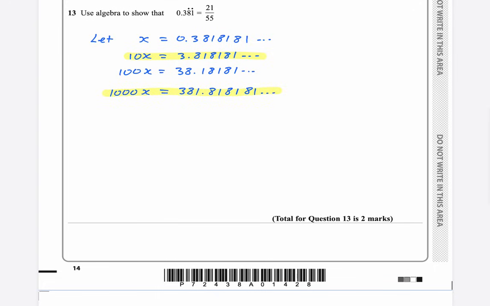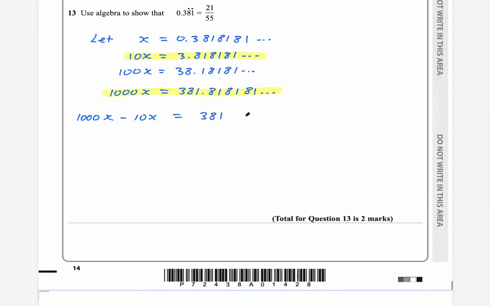And I'm going to say 1000x minus 10x. So I'm going to subtract, I'm going to do this one minus this one, equals this minus this. Now, when you subtract these two, the decimals all disappear, which is nice.